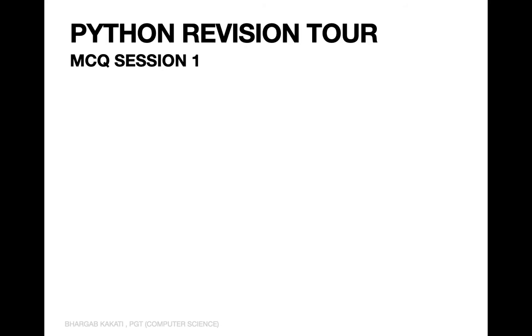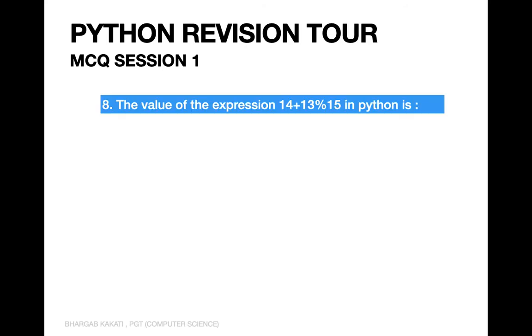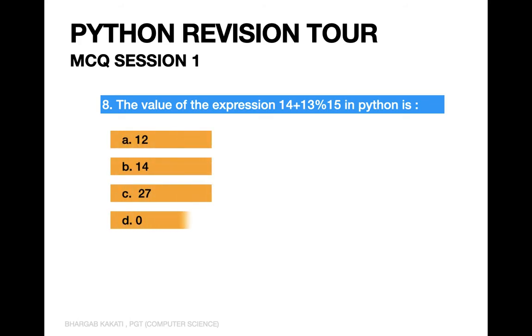Let's go to the next question, which is the value of the expression 14 plus 13 modulo divide 15 in Python is. The options are 12, 14, 27 and 0.